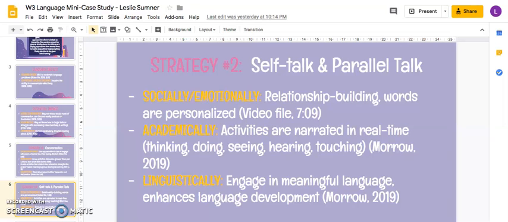This strategy might also support her academically as her learning can be personalized, as it builds a connection between what she's doing in real time and it matches the language in her academic or social settings. Considering the linguistic context, the strategy of self-talk and parallel talk can be integrated to enhance her development.